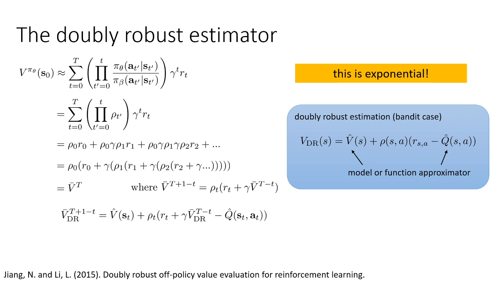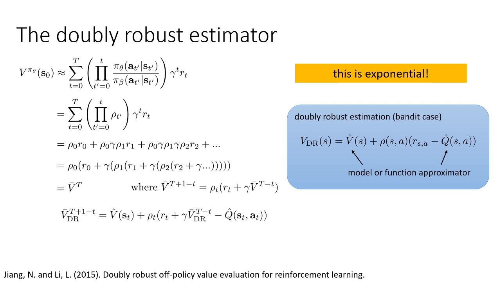And the way we're going to do that is we will directly substitute in the bandit case into this. In the bandit case, we're doing an importance sampled estimate of r s a. Now we're doing an importance sampled estimate of r t plus gamma v-bar capital T minus little t. So essentially, this equation, the v-bar DR, is exactly the bandit case in the blue box, but with r replaced by r plus gamma v-bar capital T minus little t. So it's essentially a recursive version of the bandit case for the multi-step problem.